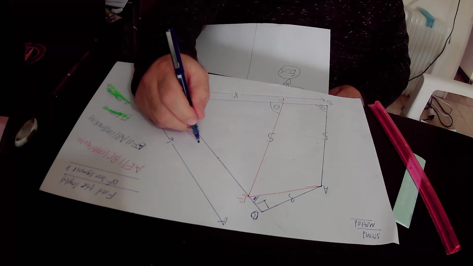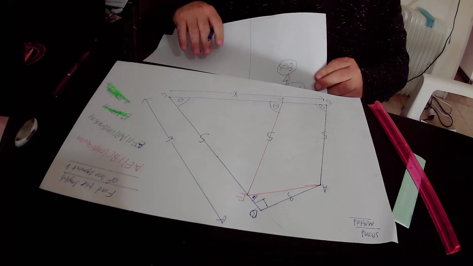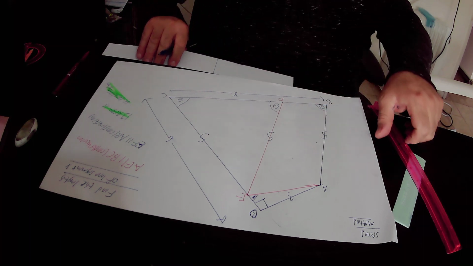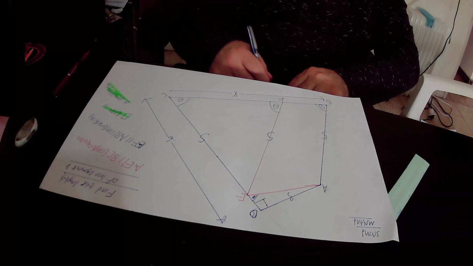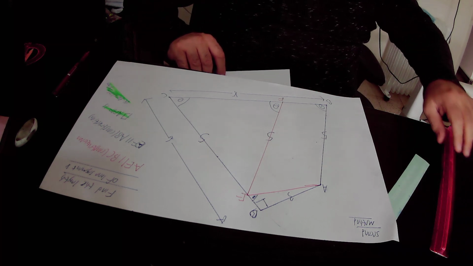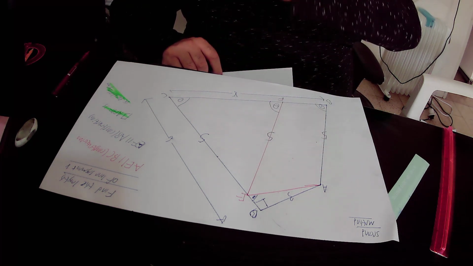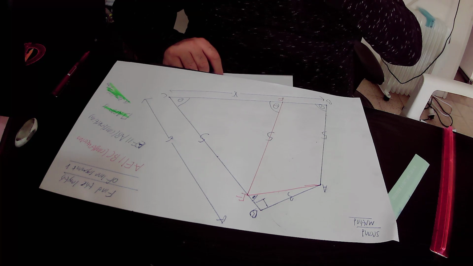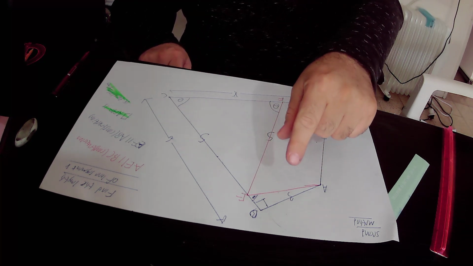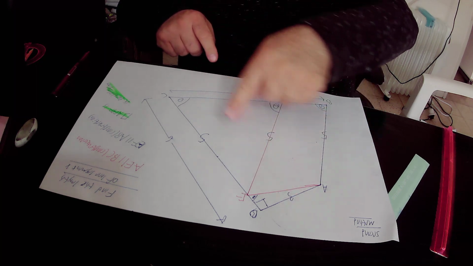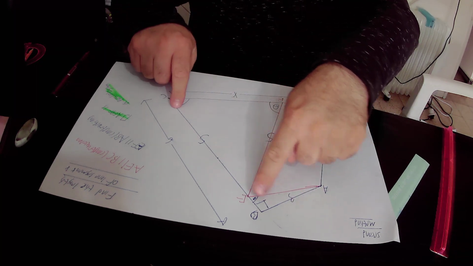So you can write here that EC equals 5 units. What is the length of line segment DE? From the drawing, it is very easy to see that the length of line segment DE equals DC minus EC.